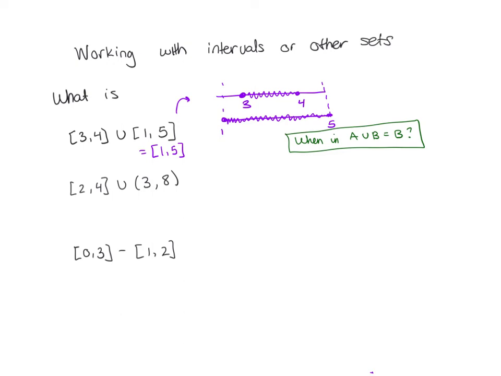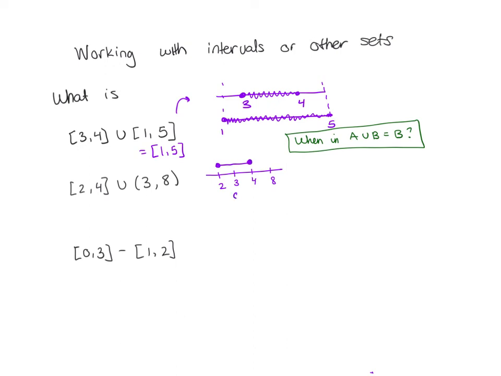Okay, next we have the open interval 2, 4, union the open interval 3, 8. So again, if I want to think about this, I'm going to have 2, let's call this 8, and then we'll have our 3 and our 4. The first interval I have is the interval from 2 to 4.